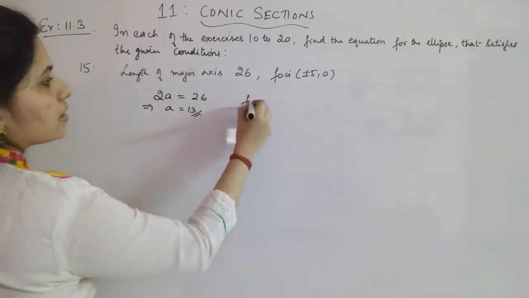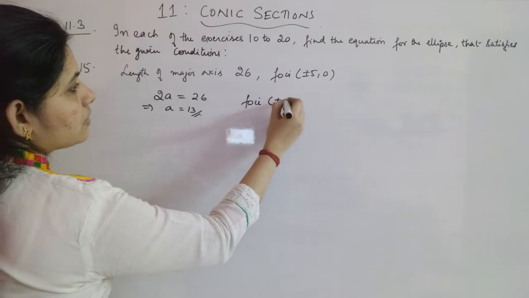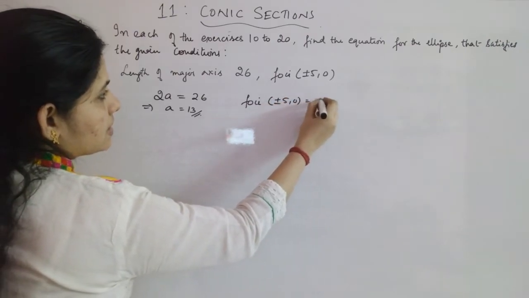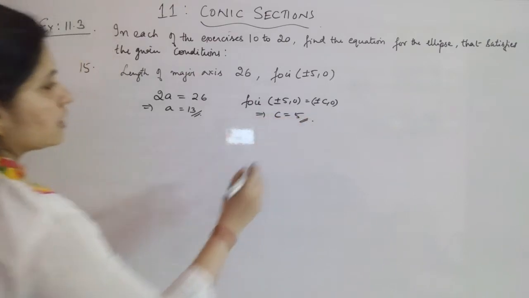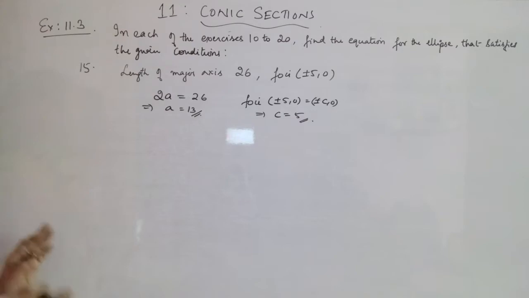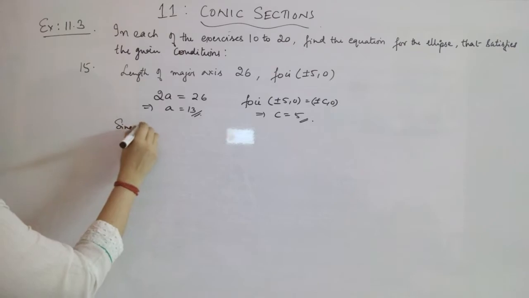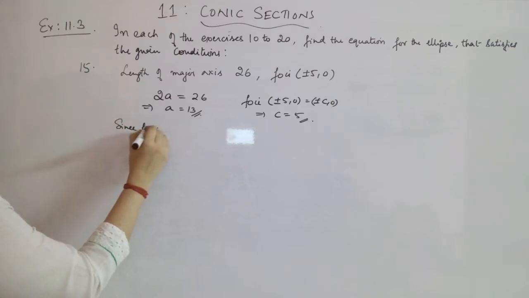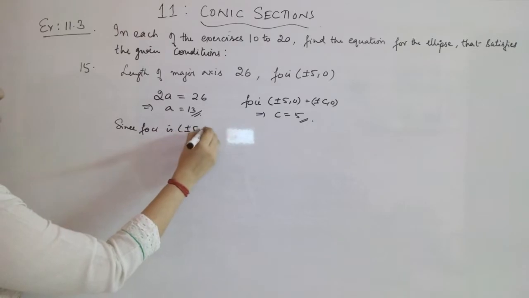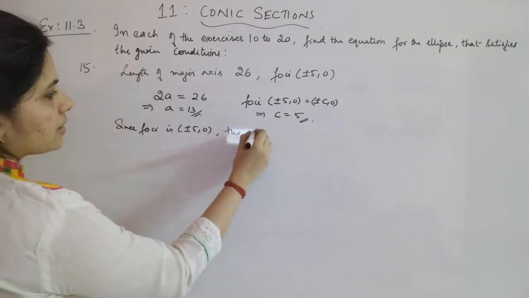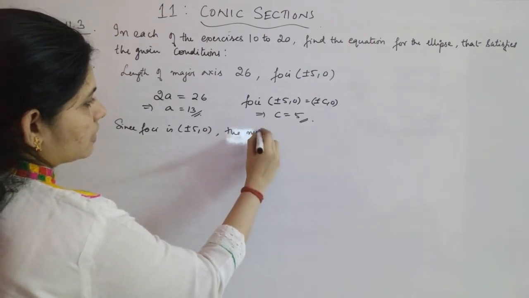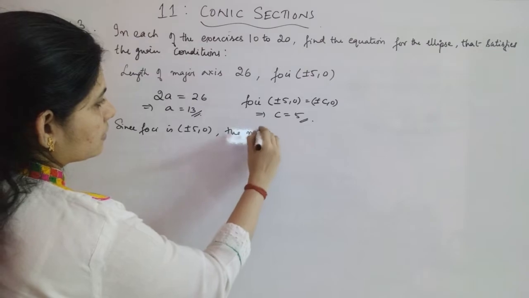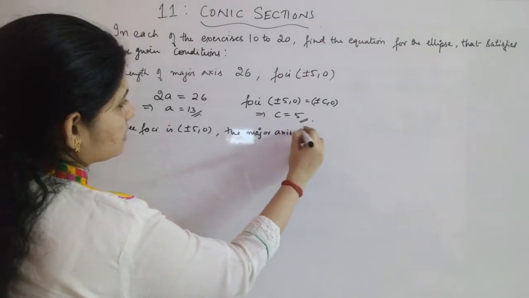Now again foci is given to be plus or minus 5, 0. That means this is plus or minus c, 0. And equating these two, you will get c is 5. Now you have a and c, you can find out b. Before that, we will decide which equation we have to choose. Since foci is plus or minus 5, 0, the major axis is the x axis.